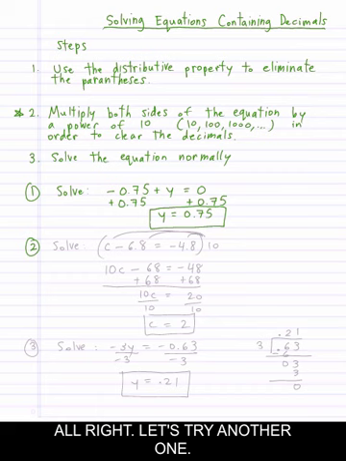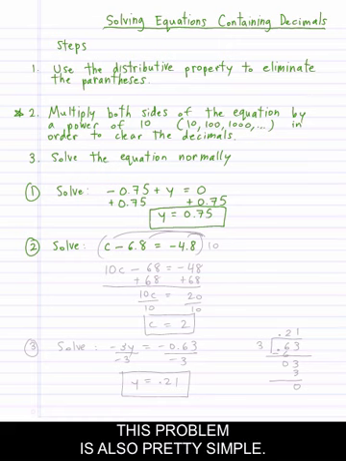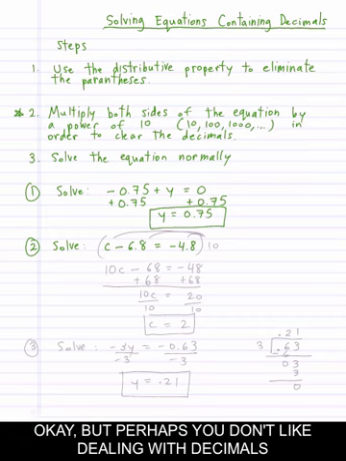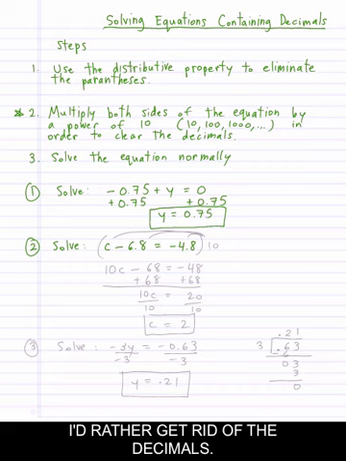Alright, let's try another one. c minus 6.8 equals negative 4.8. This problem is also pretty simple, but perhaps you don't like dealing with decimals and you decide, I don't want to add a decimal to both sides, I'd rather get rid of the decimals. That's totally okay.